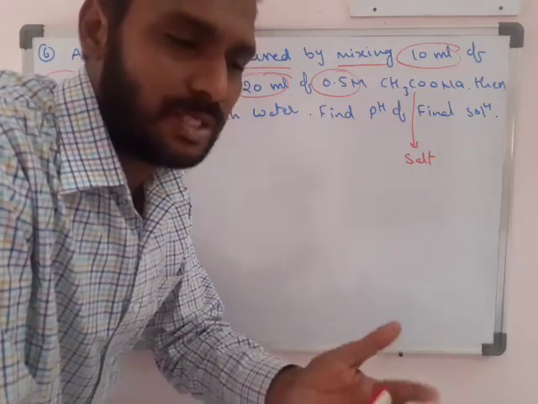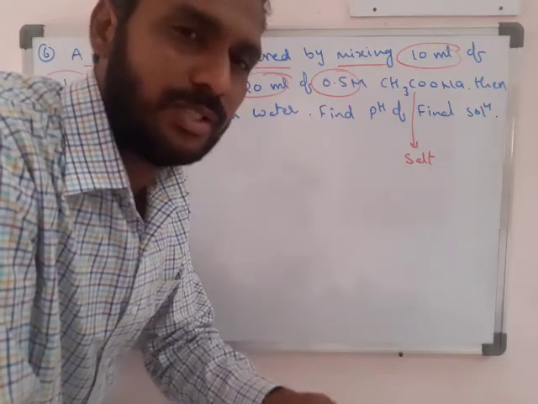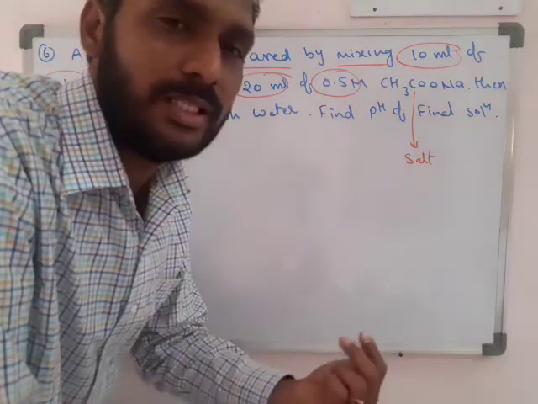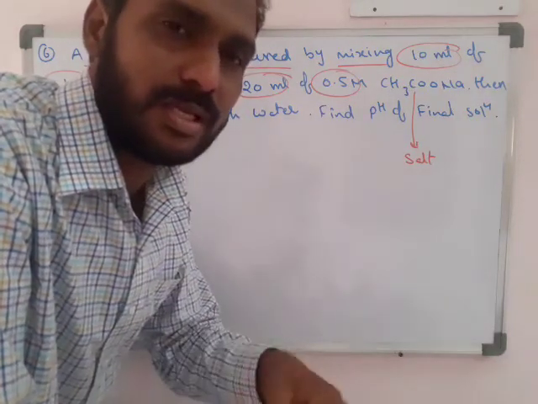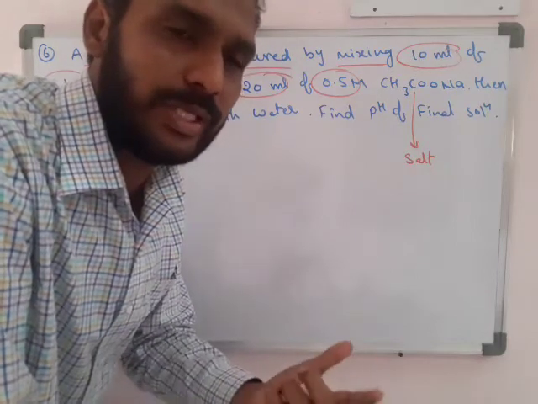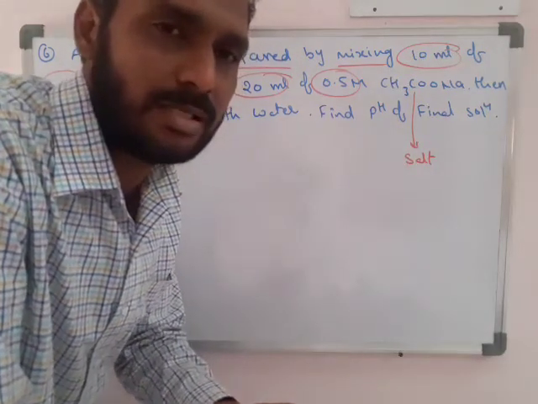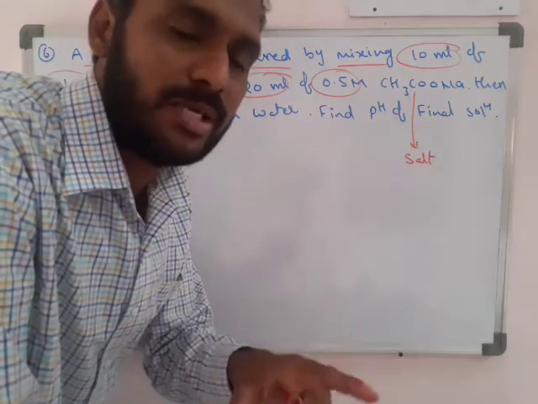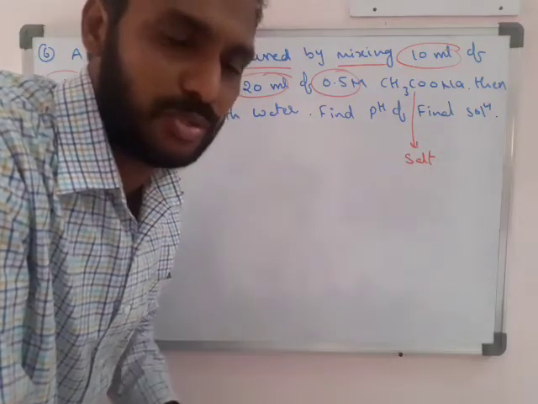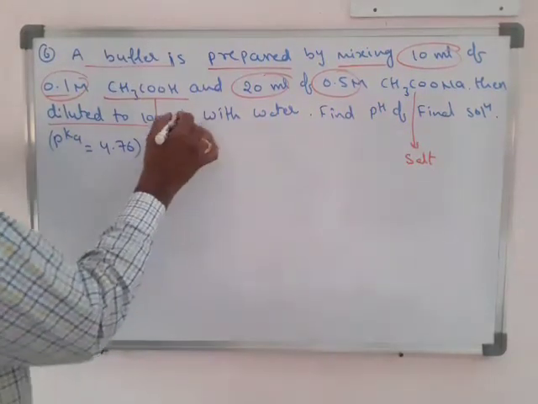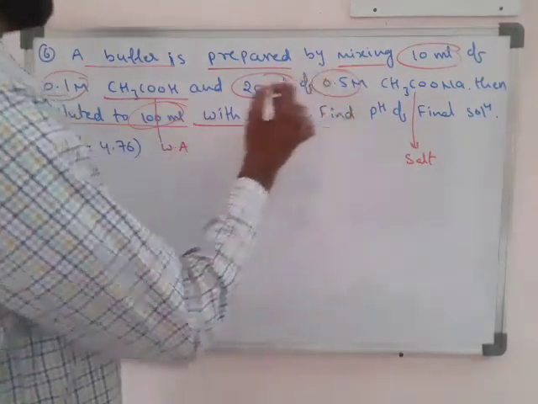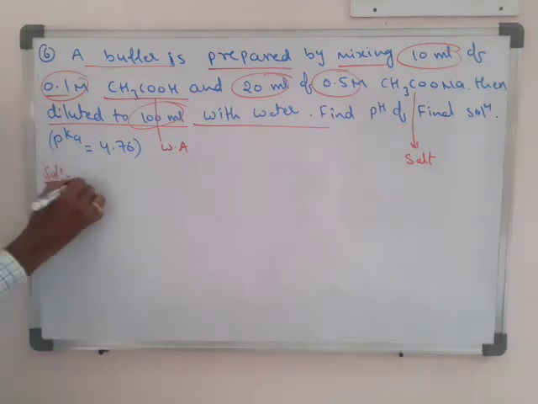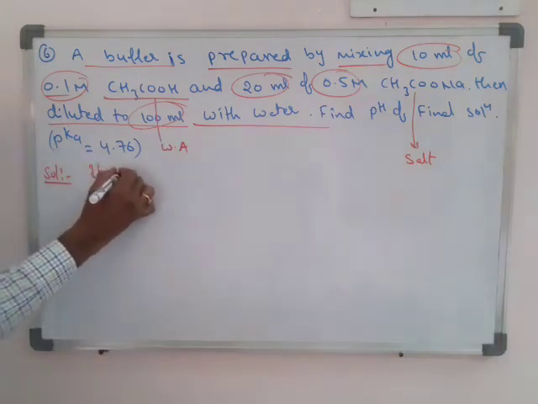Means the volume of the salt solution and also the volume of the weak acid or weak base solution are combined, so the ratio is automatically cancelled. Means there is no effect of dilution on the pH of buffer solutions. It is given just for confusing, so no need to consider it. So it is an acidic buffer we got.